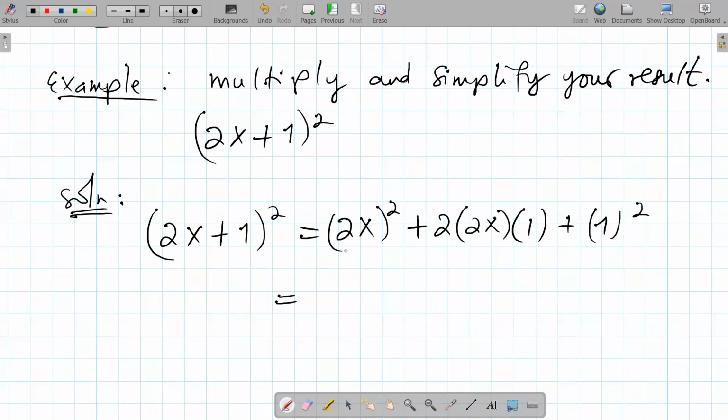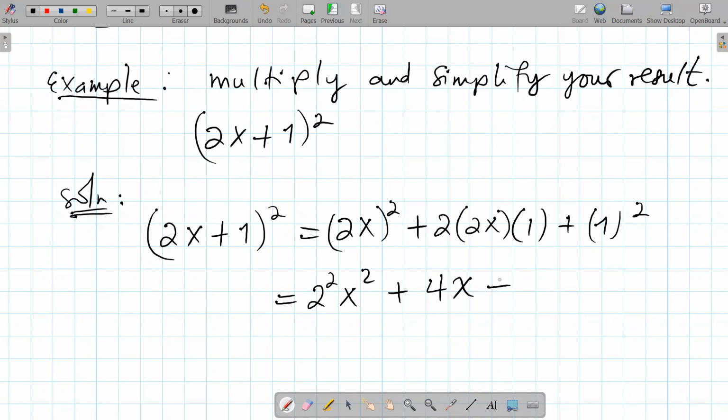Based on the rules of exponents that we talked about, this is the power of a product. That means that the power gets distributed over this. So this is just going to be 2 squared, x squared. Over here, we just multiply everything. We're going to get 4x.